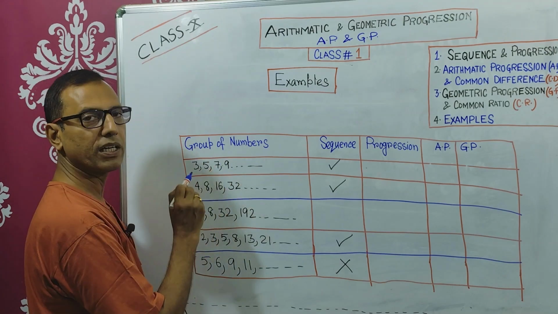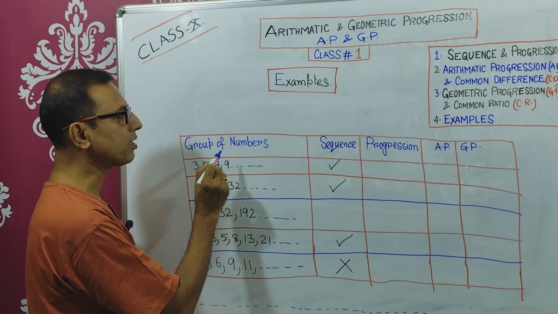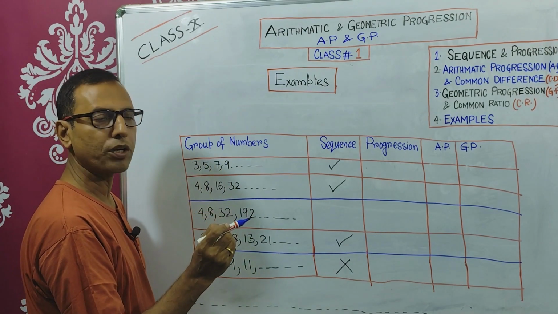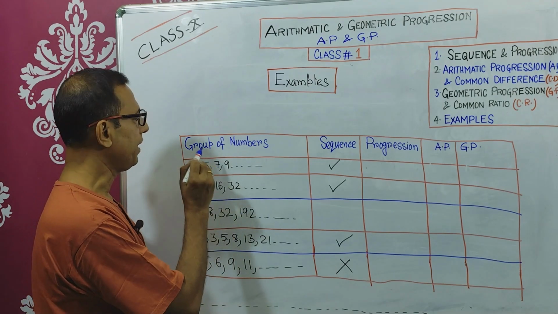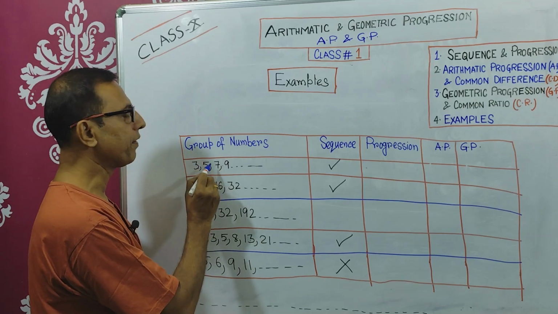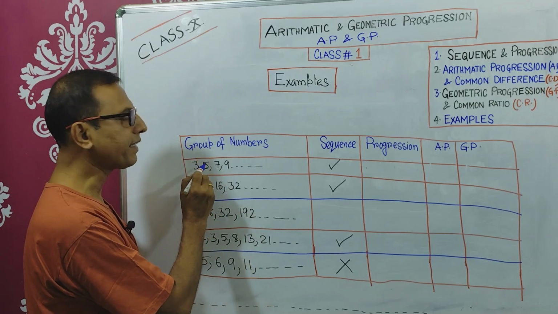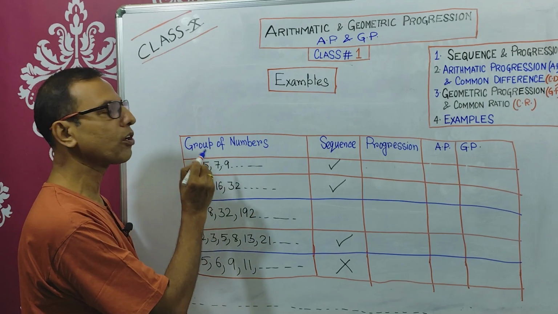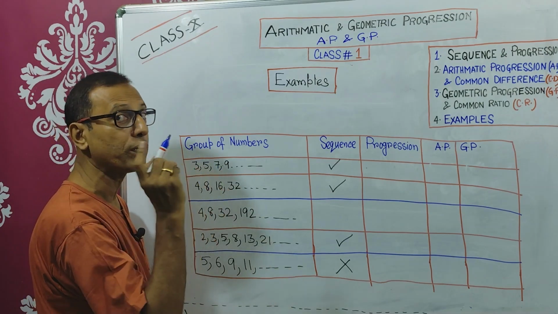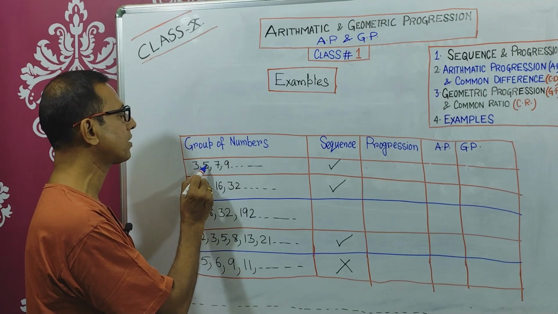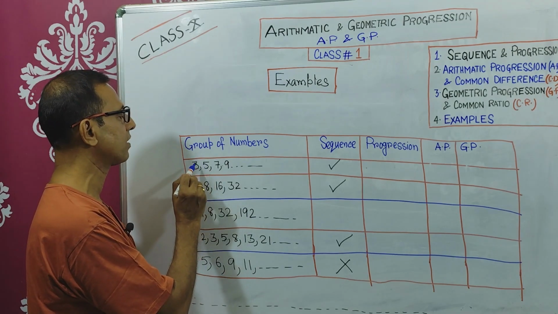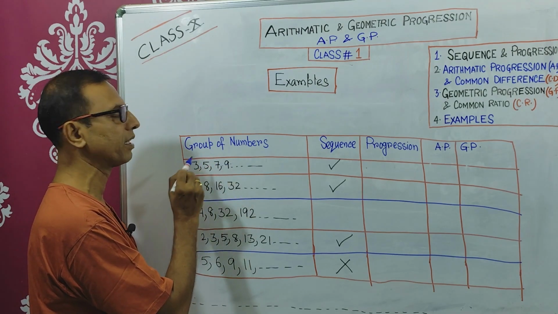So 3, 5, 7, 9. Two consecutive terms. What did we say in progression? In a progression, every element in a sequence will be related to its predecessor or successor with a uniform law. We don't know what the law is, but with a uniform law. Here also you can see this is a uniform law. 5 minus 3 is 2, 7 minus 5 is 2, 9 minus 7 is 2.